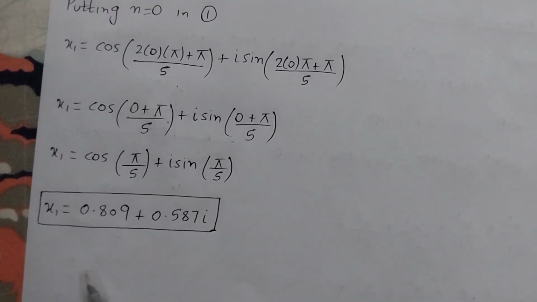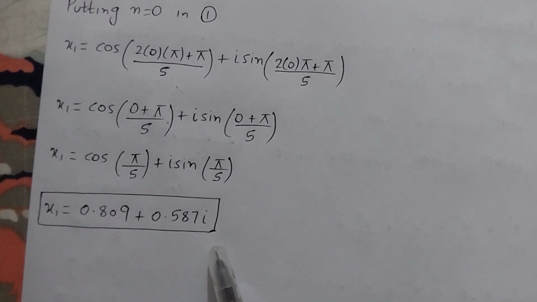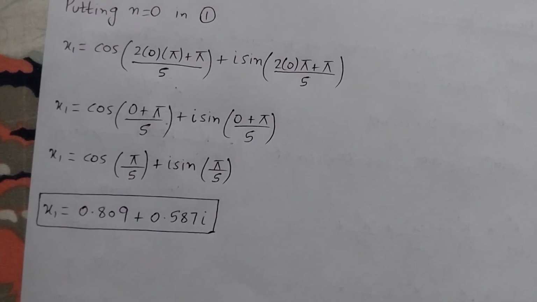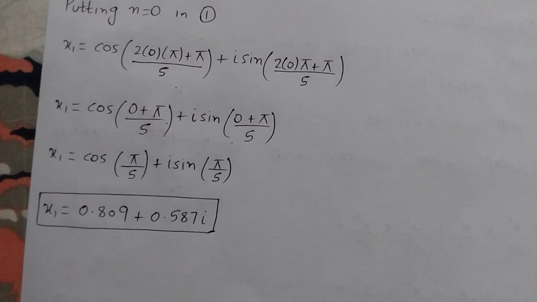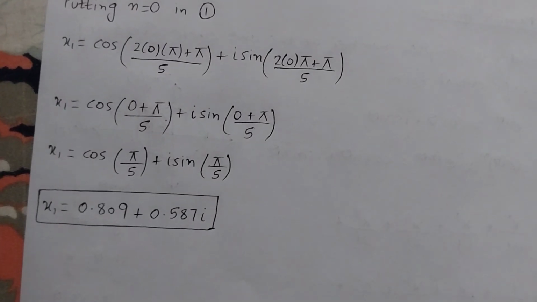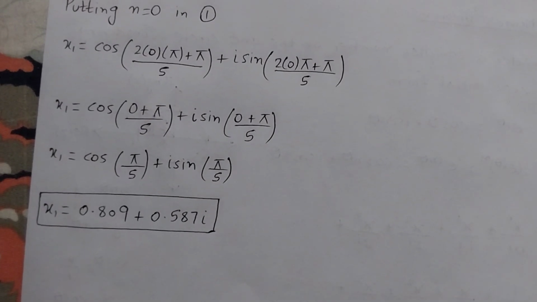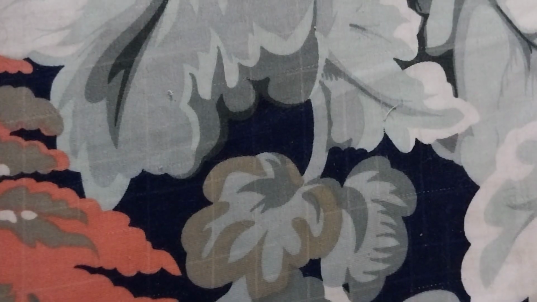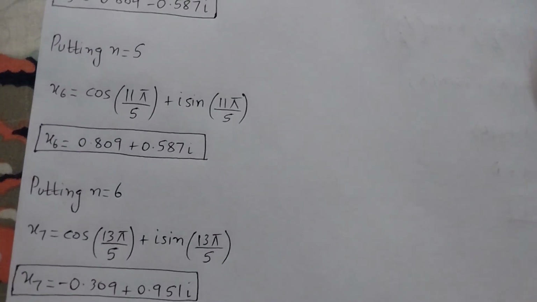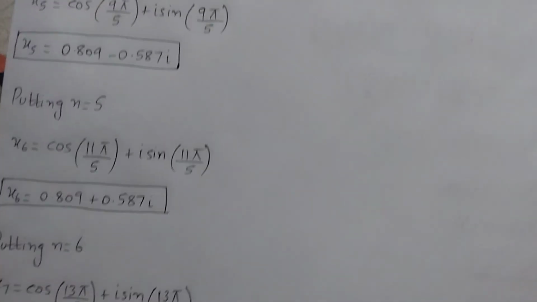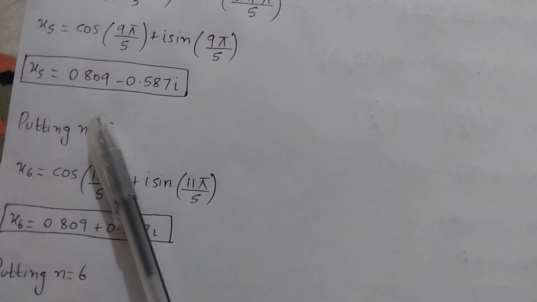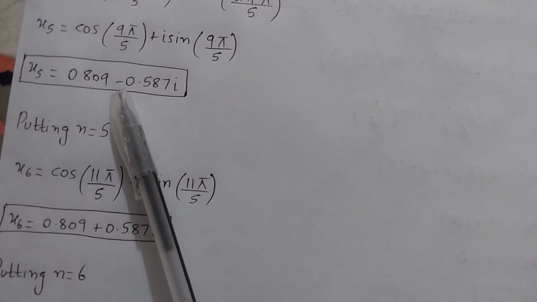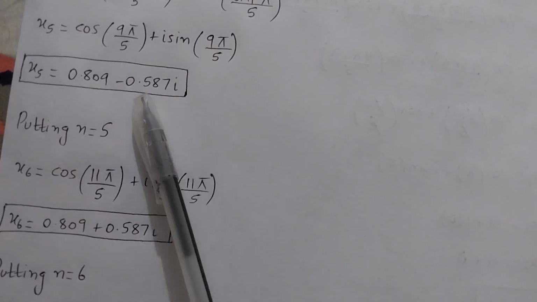So this x1 is 0.809 plus 0.587 iota. This is not the same, but the conjugate of our x5. And our x5 was this. This simply has just the opposite sign with the same imaginary term.